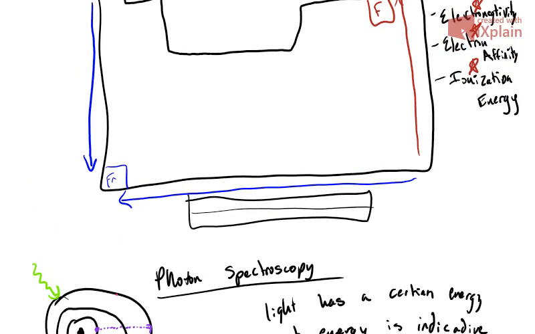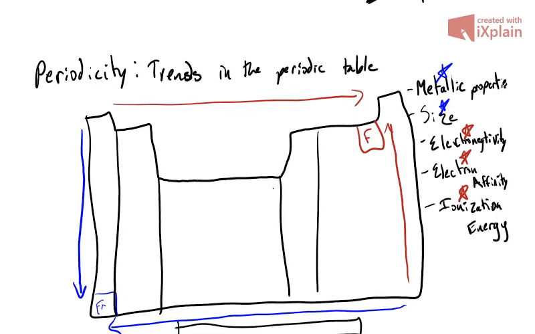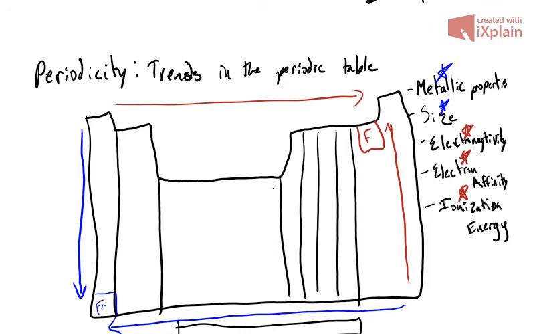Now, if we go up to our periodic table, we can see that we've got certain sections. We've got columns, 1, 2, 3, 4, 5, 6. Perfect.